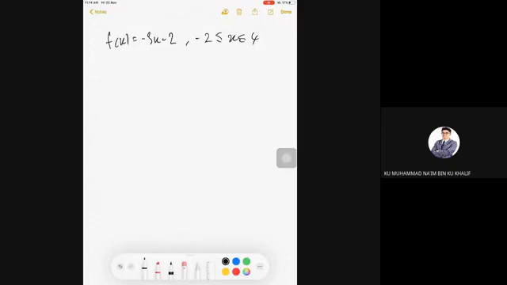Okay, and then the intercept here is negative 2, right? So biasanya kita akan proceed up for negative 2. Negative 2 is based on this domain given.